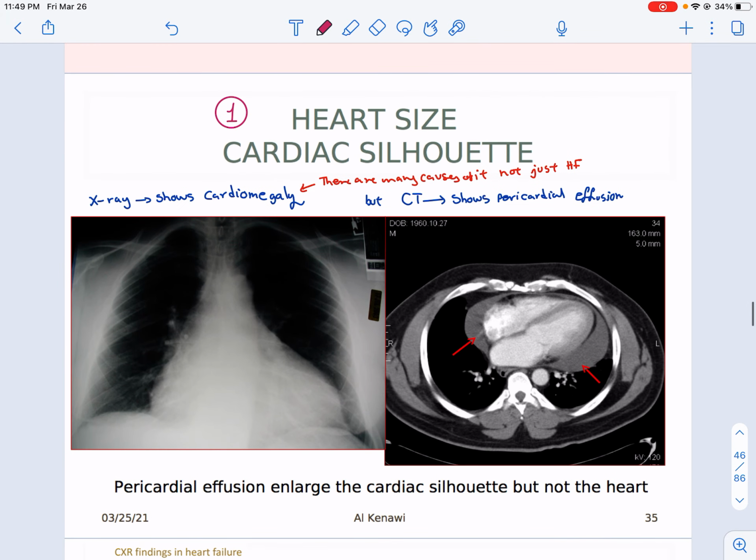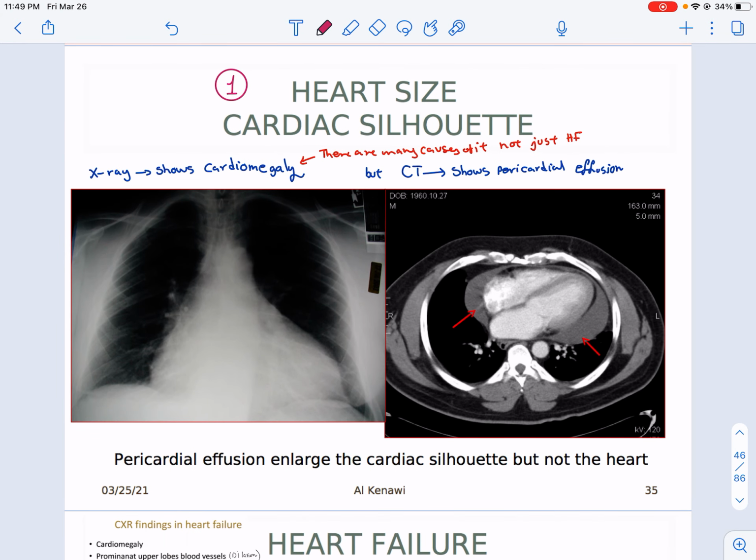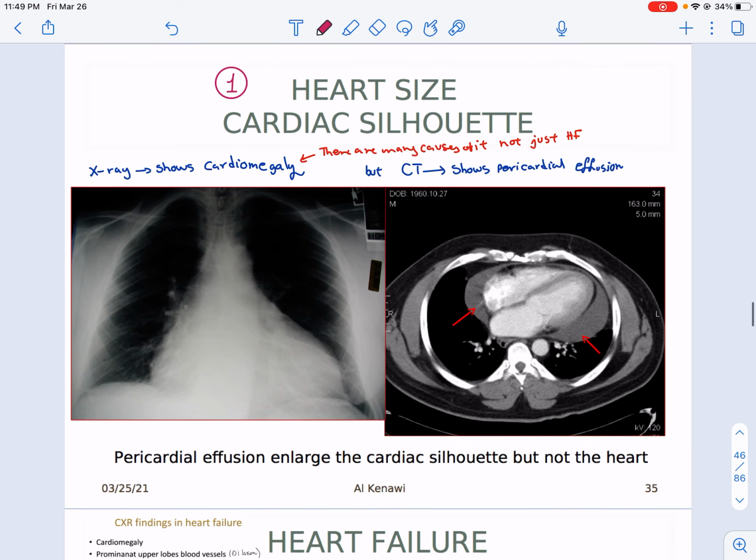So first, for the heart, for example, here we need to assess the heart size and the cardiac solute. For example, here chest x-ray can show us that the patient has cardiomegaly, as we see here. But if we follow up with CT, we can say that this is not a cardiomegaly.